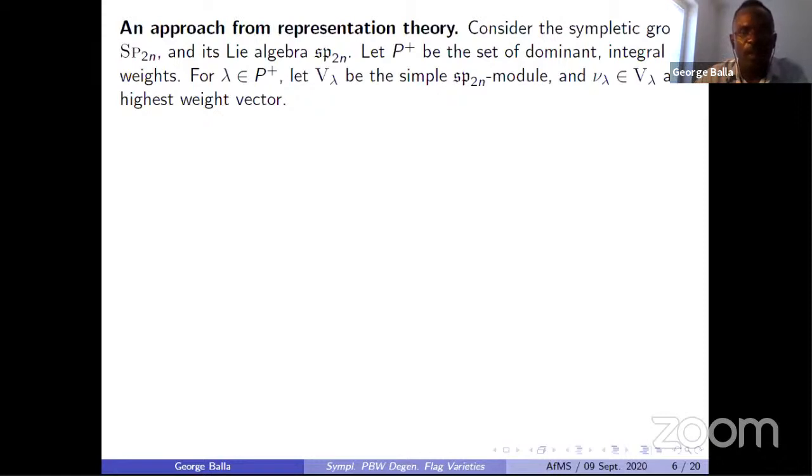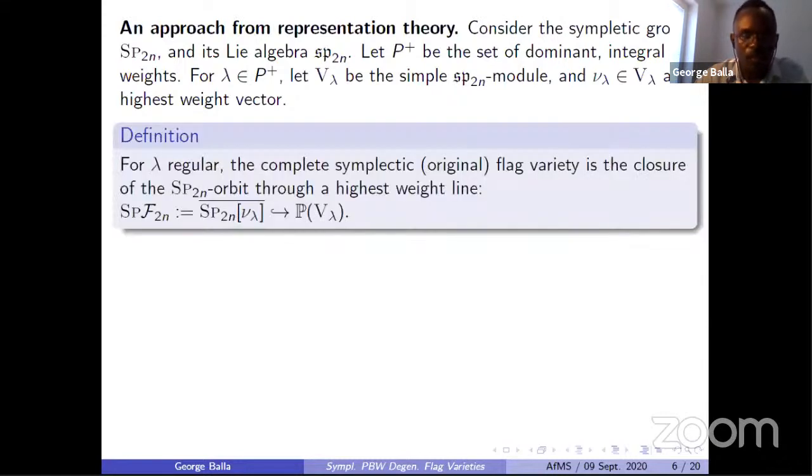And so if we take a highest weight vector inside this module, we can say what the complete symplectic regularity is from the view of representation theory.